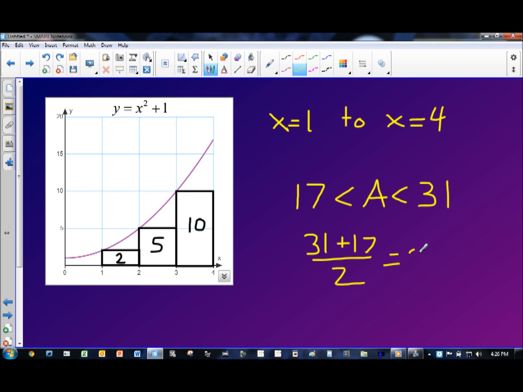That's 48 divided by 2, which is 24. That's probably even closer to the area. So that's really all you have to do. Just draw your rectangles the first way so that the top right corner touches the curve, and the second way so that the top left corner touches the curve.